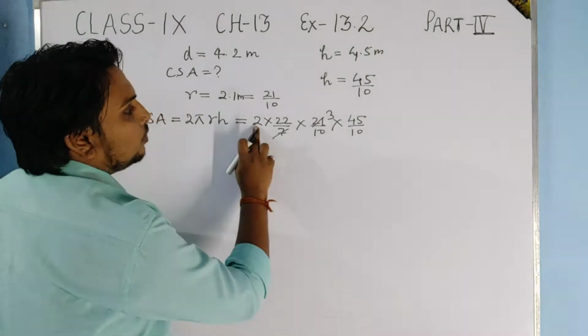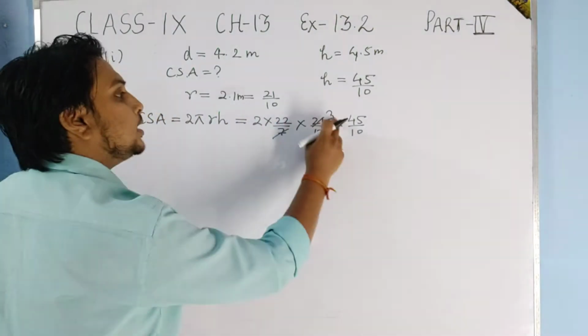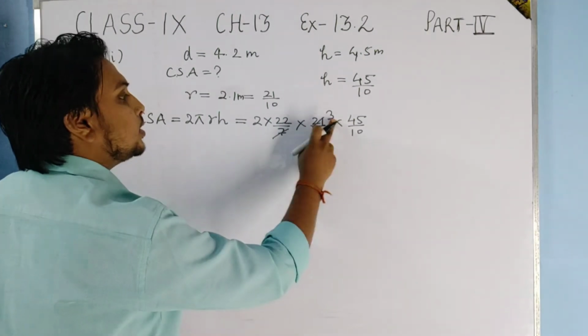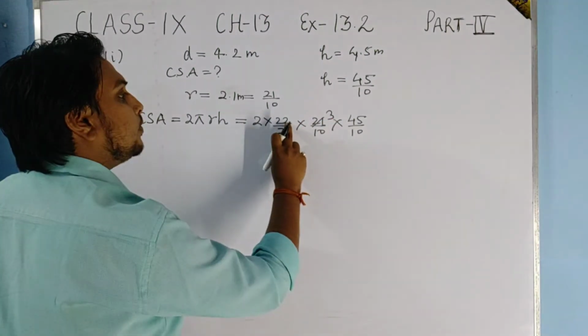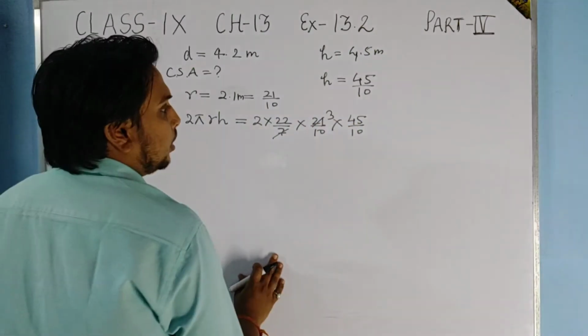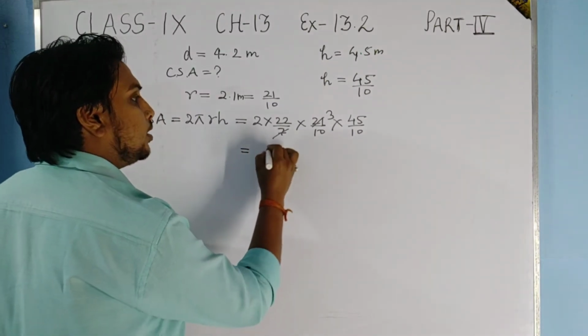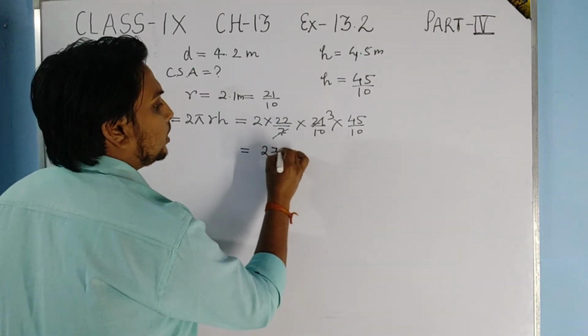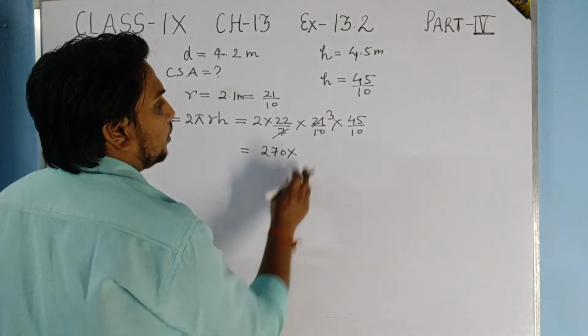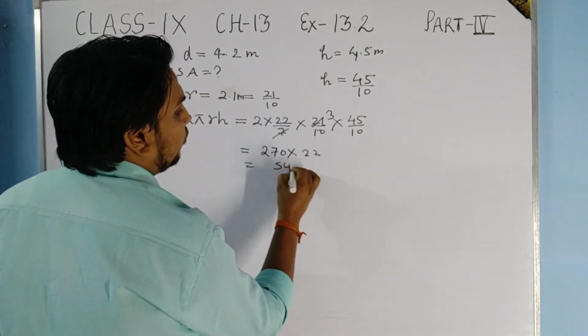Now 2 threes are 6. 6 into 45 will be 270, and 270 into 22.